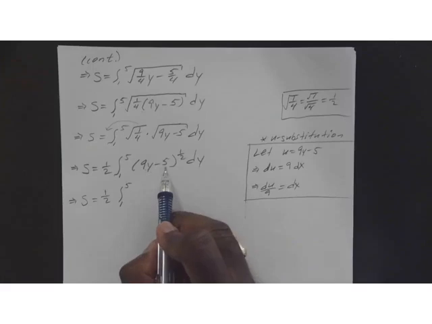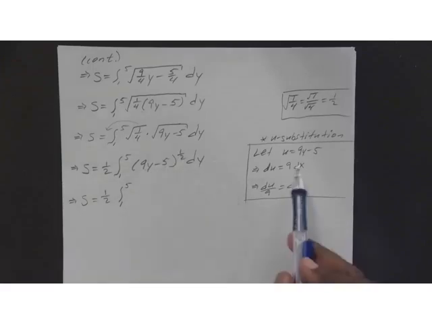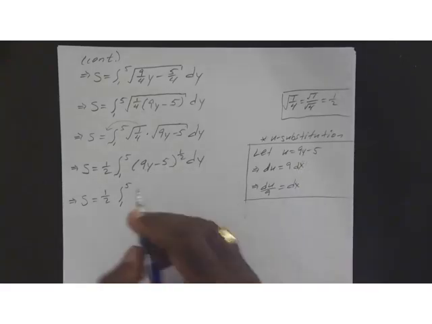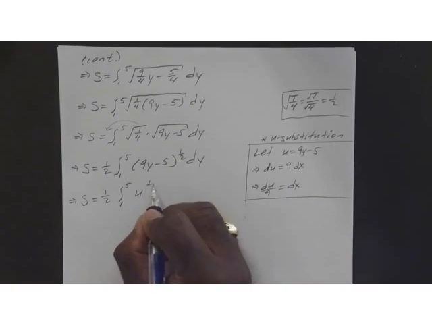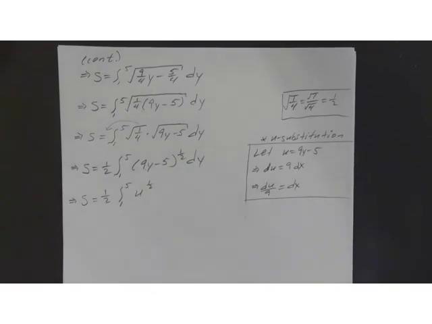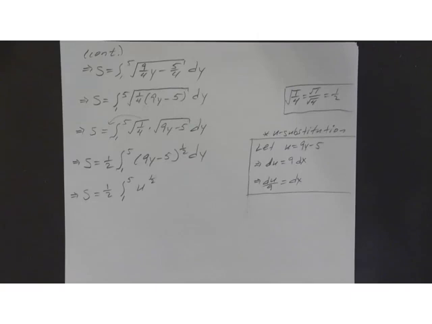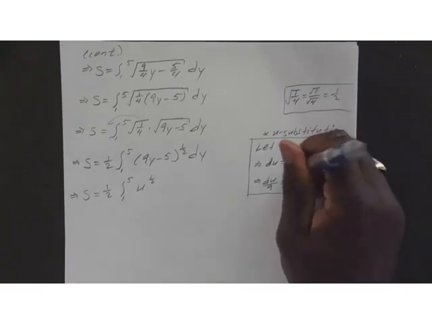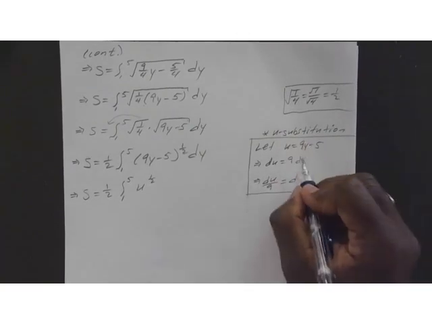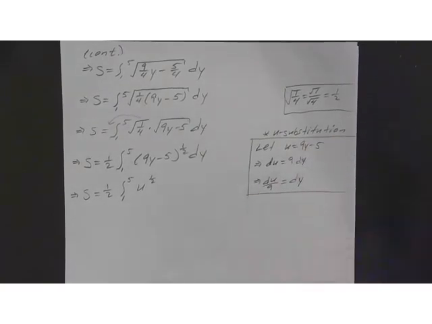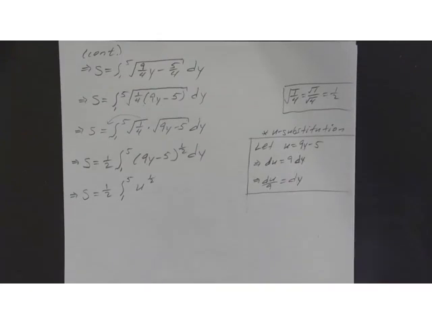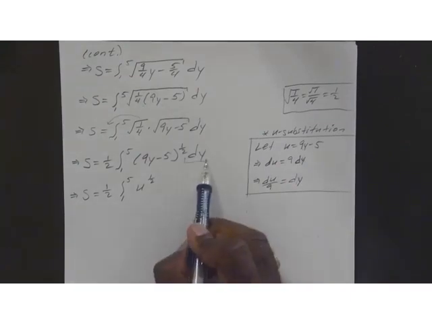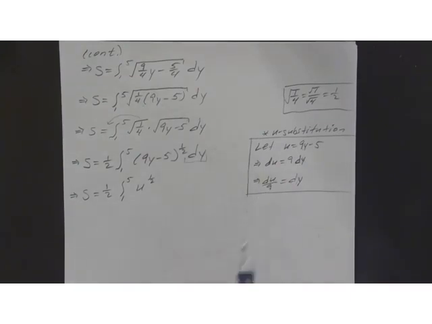Instead of 9y minus 5 to the 1/2 power, you just make that u to the 1/2 power. I said dx. I'm so used to using dx, and it should have been dy. But same thing. Okay, so we know that our dy is just equal to du over 9.